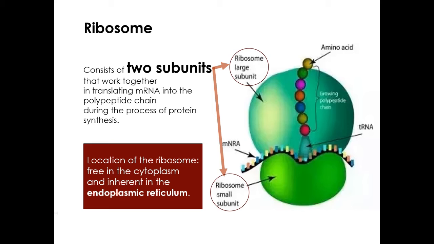Ribosomes consist of two subunits that work together in translating mRNA, or messenger RNA, into polypeptide chains during the process of protein synthesis. The ribosome is located free in the cytoplasm and attached to the endoplasmic reticulum.